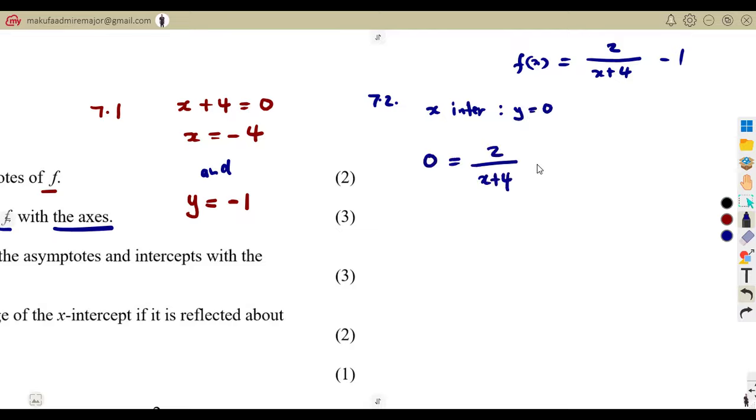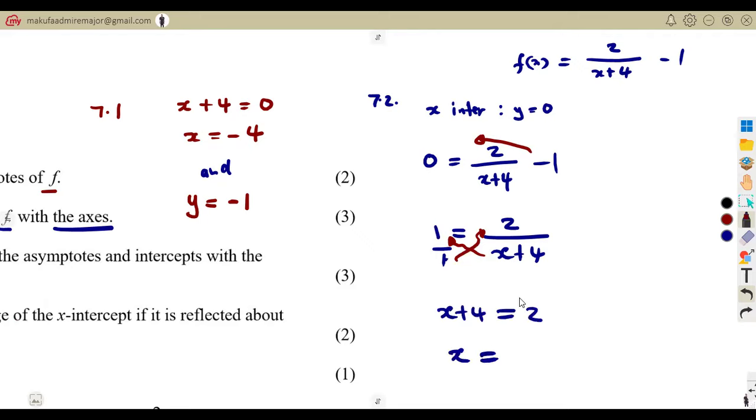So 2 over x plus 4 minus 1 equals 0, we solve for x. Minus 1 to the other side becomes a positive, that's 1 equal to 2 over x plus 4. This is the same as 1 over 1, so you can simply cross multiply. 1 multiplies everything that we have, that's x plus 4 is equal to 1 times 2, which is 2. The 4 goes to the other side and becomes a negative, giving x equals 2 minus 4, which is minus 2.